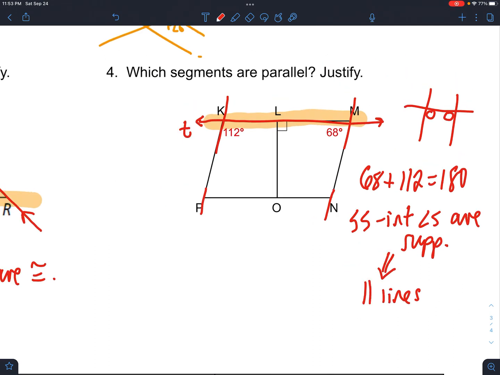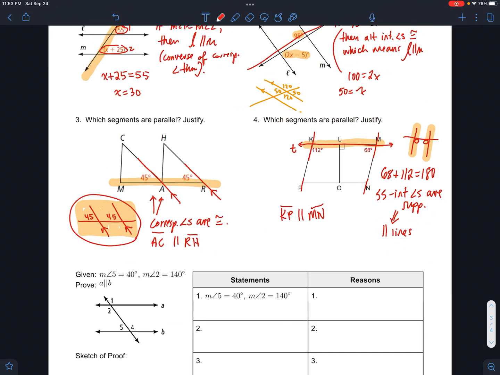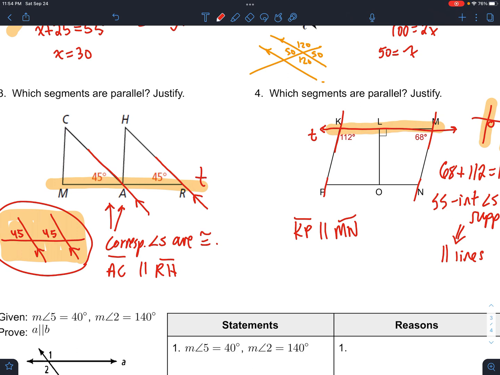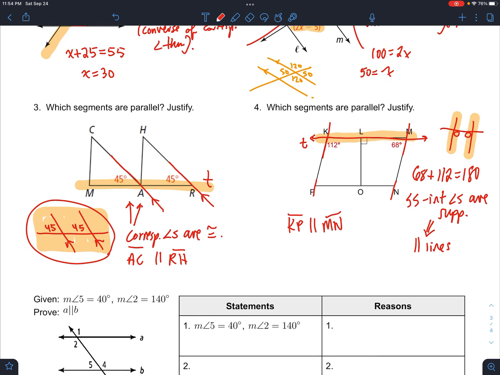But the question is, which ones? Well, it's got to be the ones that create that angle pair, right? So we would have KP is parallel to MN. Okay. So I would strongly suggest taking stuff from the picture rather than trying to just read the picture and understand its parts. Pull out the stuff that's useful. And that starts with finding the transversal.